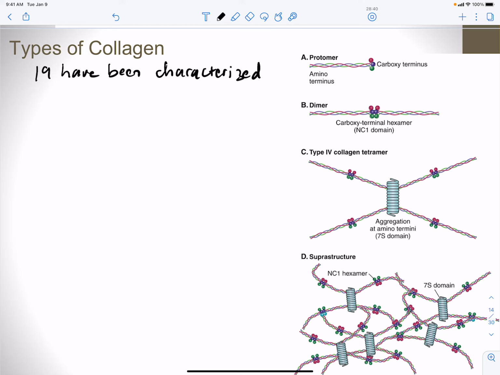They can be classified as being associated with fibril surfaces. Some are going to be transmembrane proteins, and some of them have beaded filaments as well. But in all, collagen are going to contain 3 polypeptide chains with at least one stretch of a triple helix.